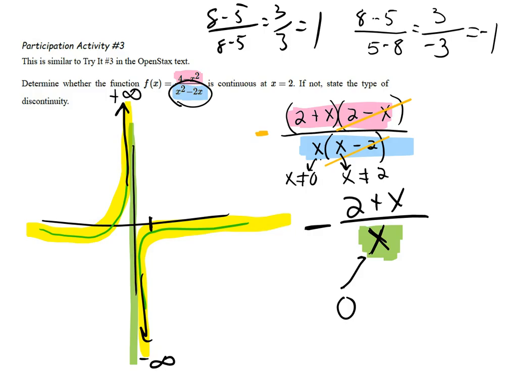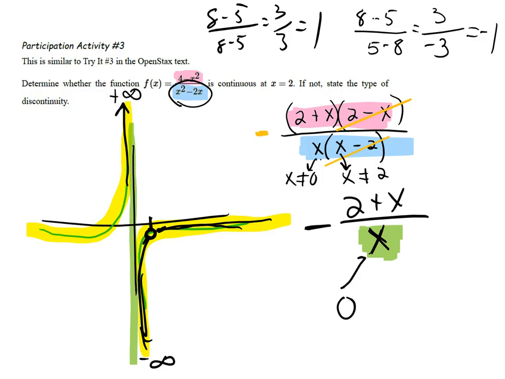And when you're at 2 on that graph, there should be an open circle right here for whatever the y coordinate is. I don't know. So this side is approaching that point, and this side is approaching it. It's not jumping anywhere. It's just approaching an open circle.